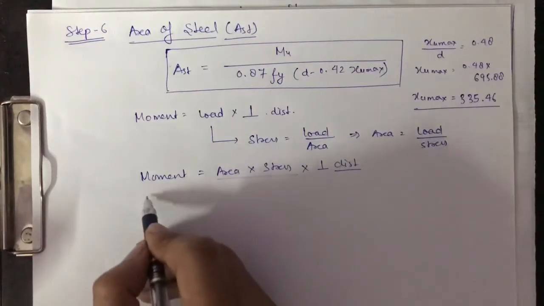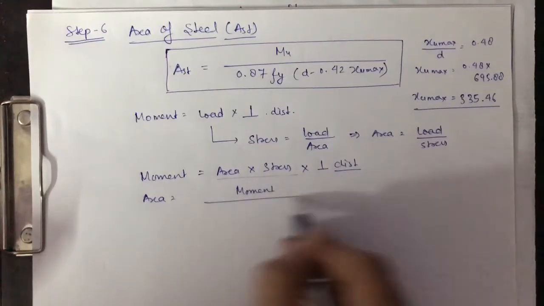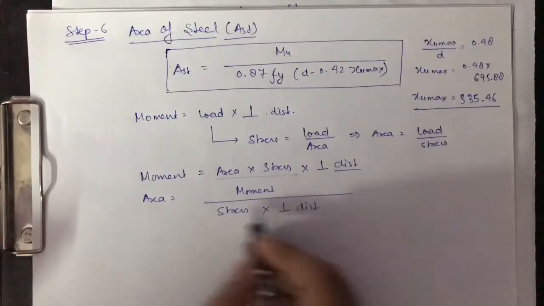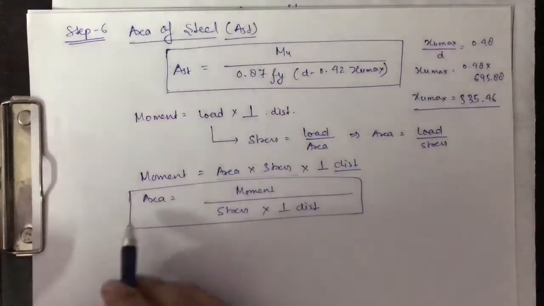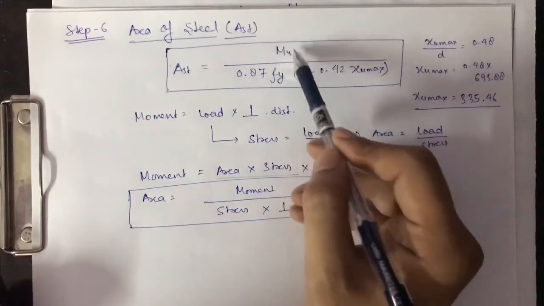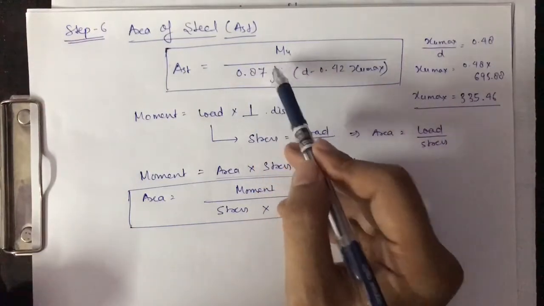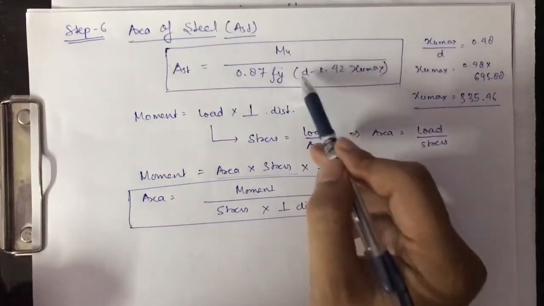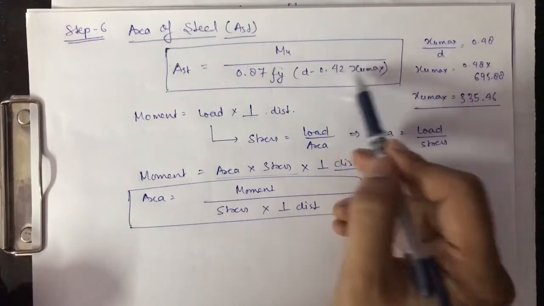So from here we can easily find out area is equal to moment upon stress into perpendicular distance. As you can see in this formula, this is our moment of resistance, which is moment, and this is the stress of steel, and this is the perpendicular distance from the neutral axis of the beam to the center of the tensile reinforcement.